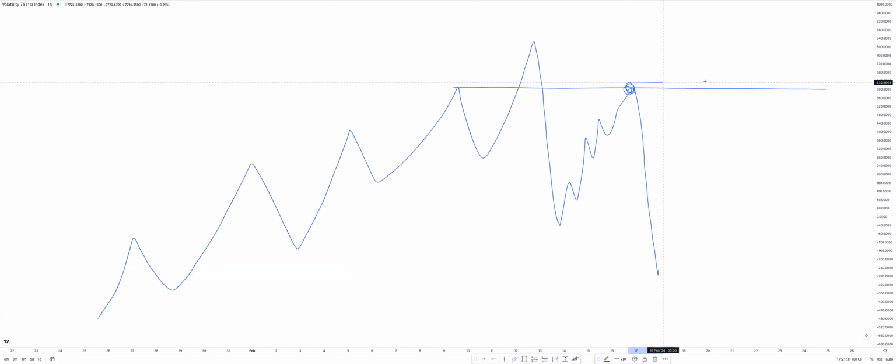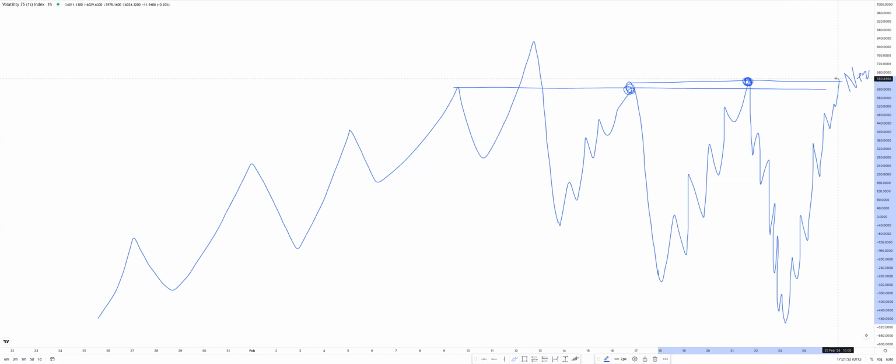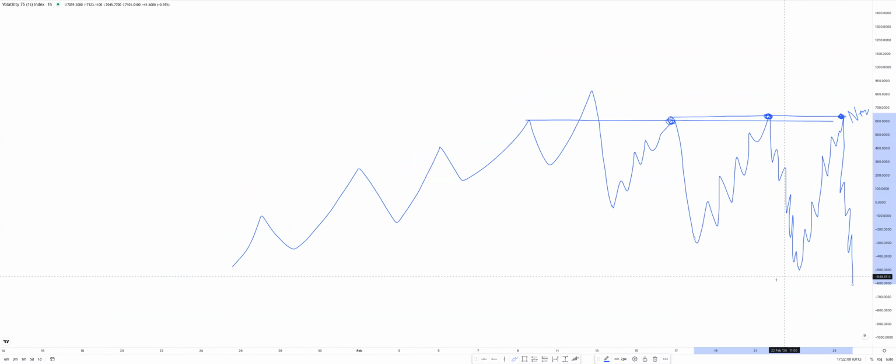So this right here is what we call a new invalidation. Price has a possibility of respecting our new invalidation right here so that we can proceed creating some lows. And also price has a possibility of respecting the same price level again. It's something that is very, very common in the market.